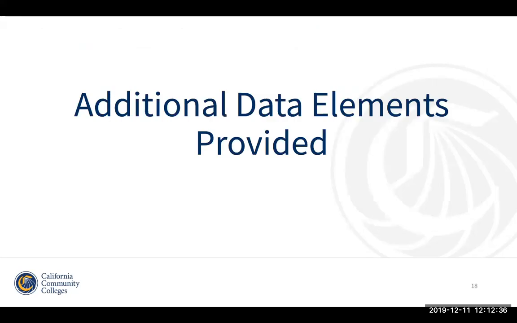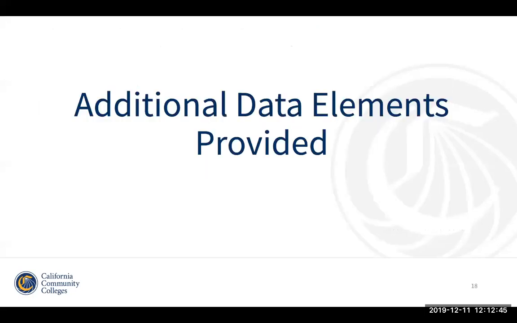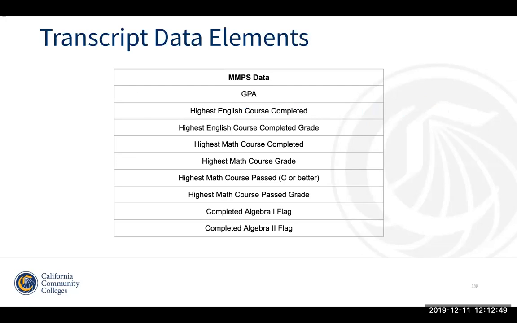That information is primarily being used by colleges who have adopted the statewide rules. For colleges that have adopted localized decision logic, we provide additional data elements that can be used as input into those local processes and tools.